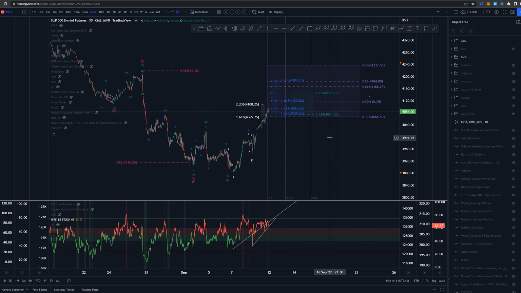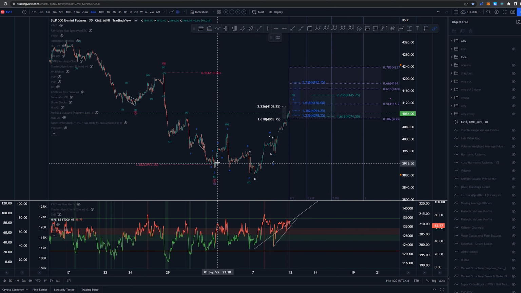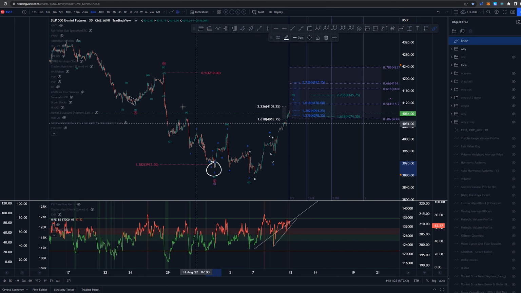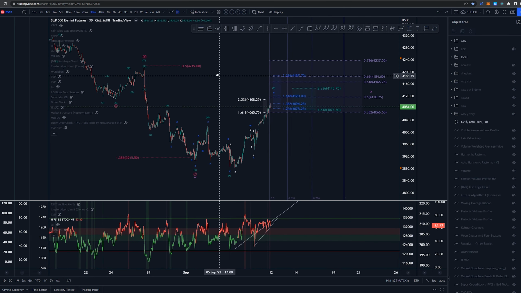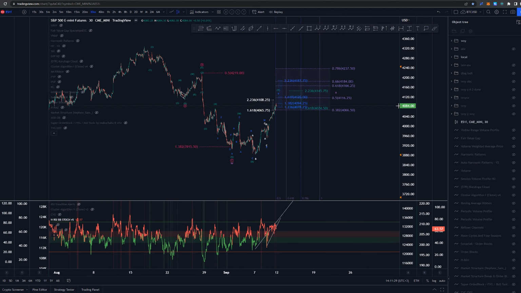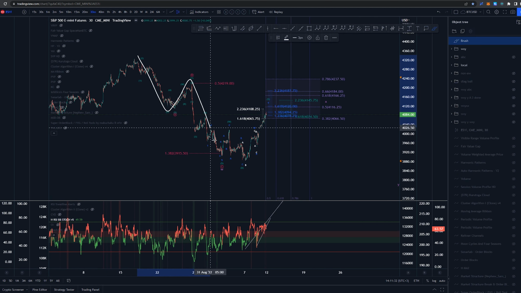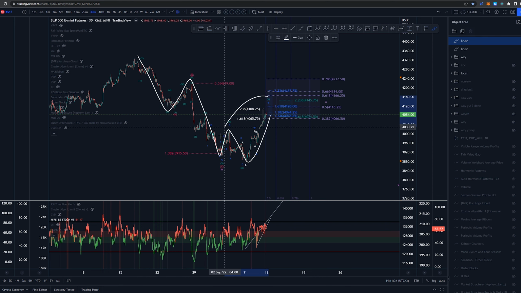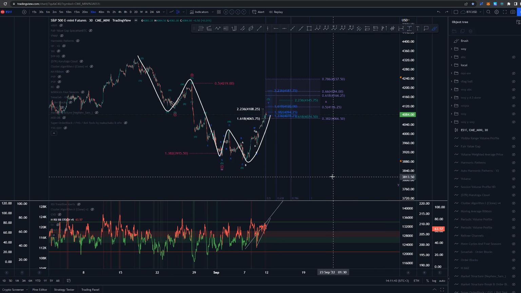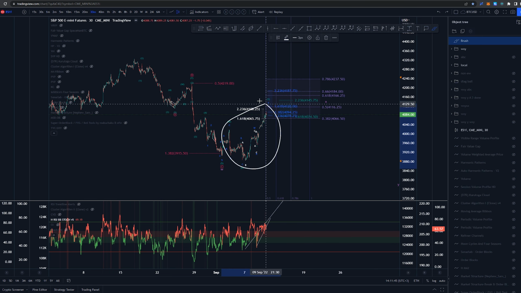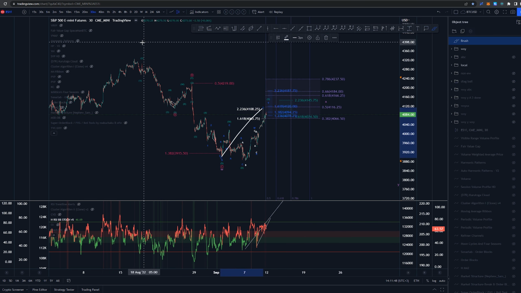So I'm not quite sure which one of these counts I'm still leaning towards more. I still do think that this was the low here for the end of this wave structure. So that's why I'm thinking that, okay, we need to have some kind of correction downwards. Either we have created a connector wave with this structure and it is pretty much done, and now we would be getting another wave structure coming down like so as a larger W, X, and Y, or we could be creating this structure as the first structure that is correcting this larger structure.